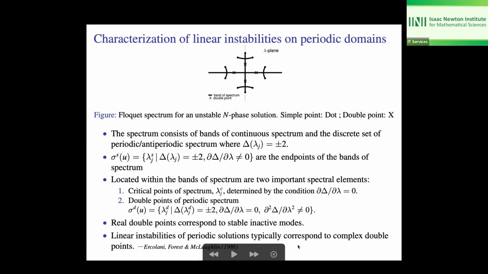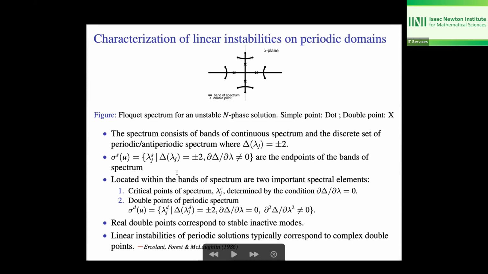And so the Floquet spectrum consists of bands of continuous spectrum and the discrete set of periodic antiperiodic spectrum where delta is equal to plus or minus 2. The simple points of the discrete spectrum are the endpoints of the bands of spectrum. And so in this figure, they're indicated by the dots or bubbles.